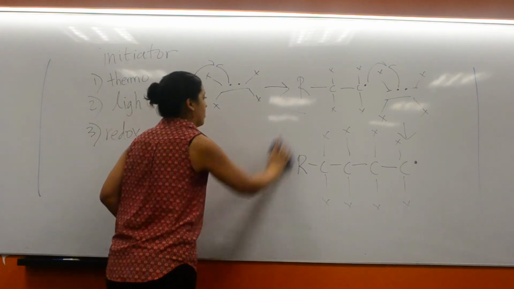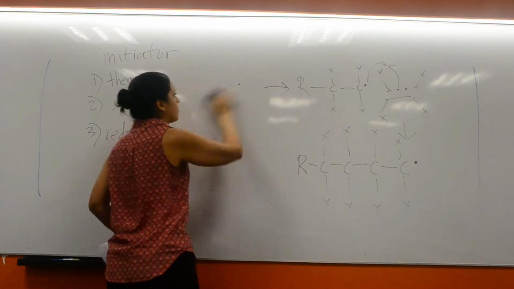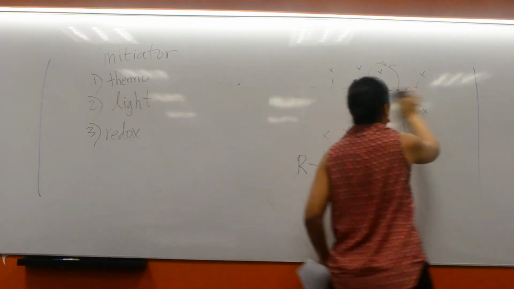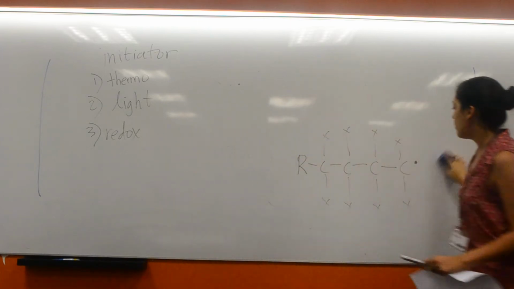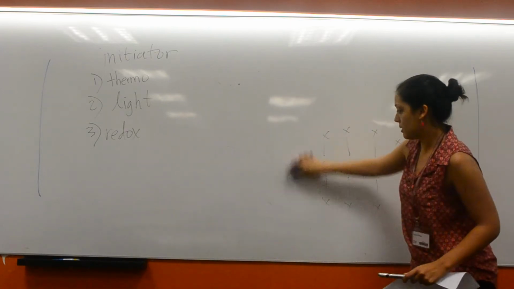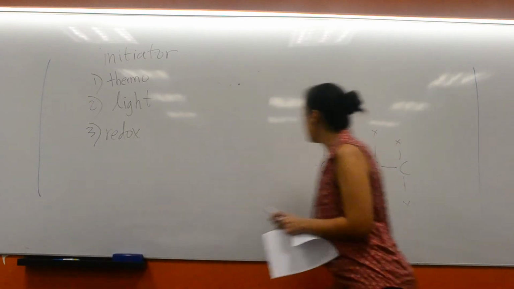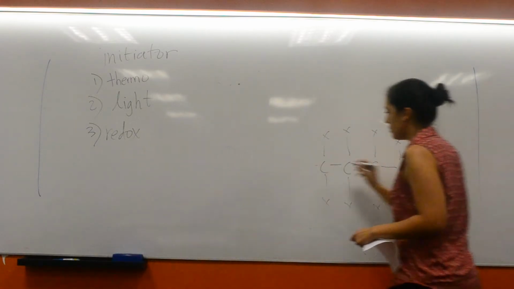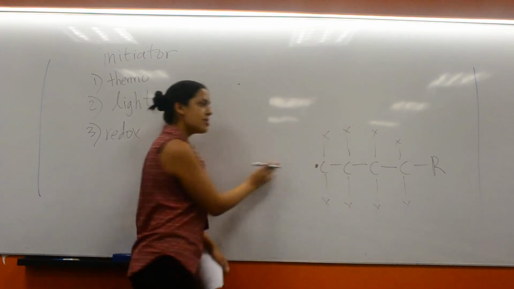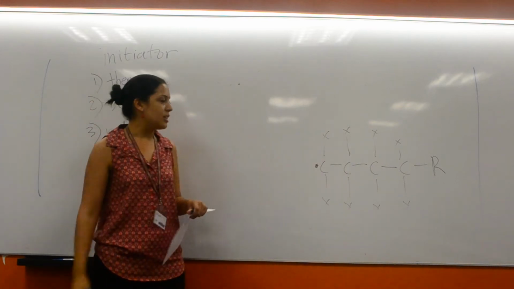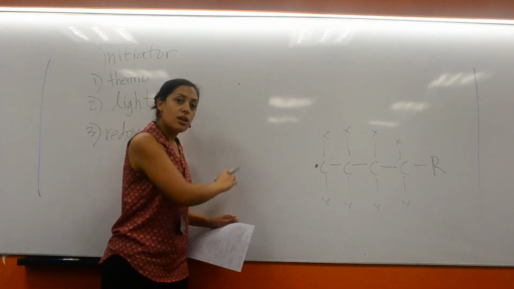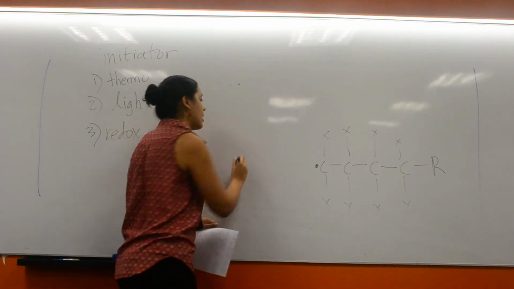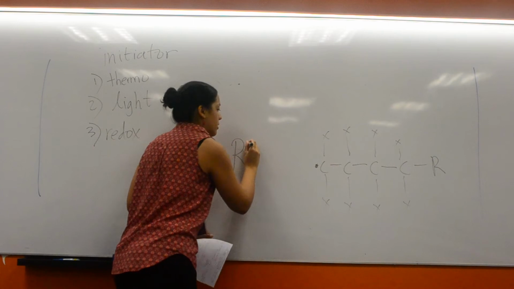Finally, you want to end this free radical business. I'm going to switch this so it's easier for me to write. Alright, you want to end this free radical chain reaction. So you want something that has the radical but isn't going to continue the reaction. You want that starting material.